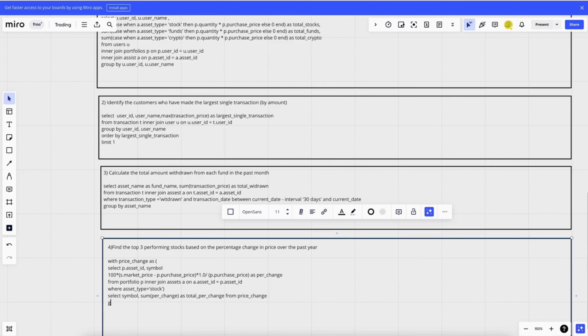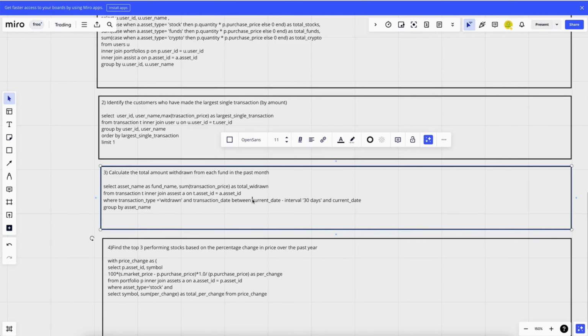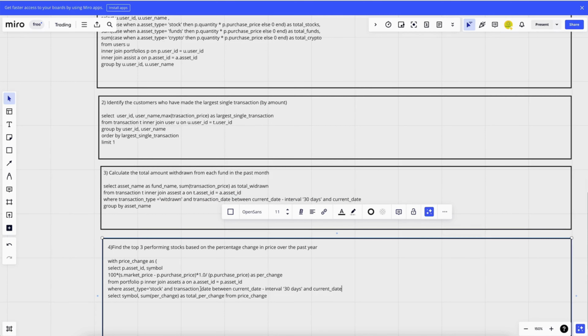Then yeah, the only condition is we need to check for the past 1 year. And even that one I need to add here. That will be purchase date. It's not transaction date. I'll change it and I'll say purchase date.